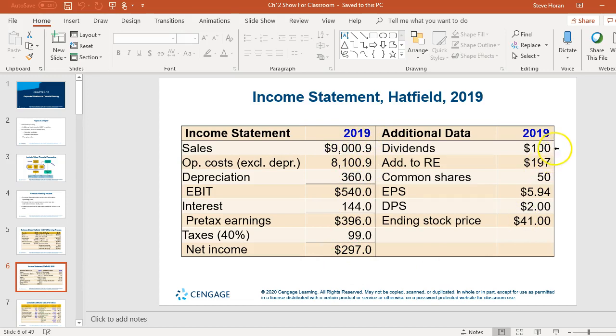Then over here, what they paid for dividends and the addition to retained earnings. Hopefully you see that the net income of $297 would make retained earnings go up, but then we paid dividends of $100, so the net increase is $197. Then 50,000 common shares, earnings per share, dividends per share, and the stock price was 41.